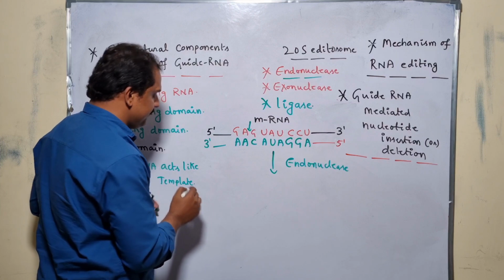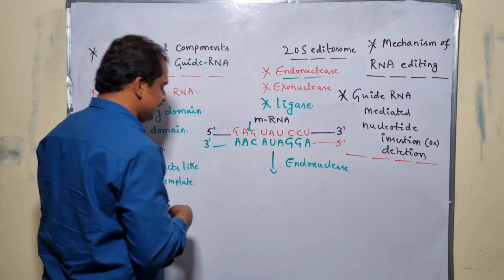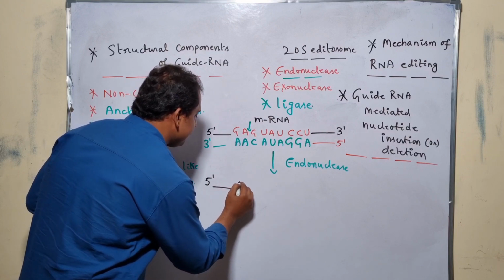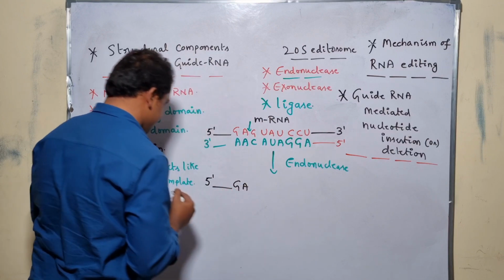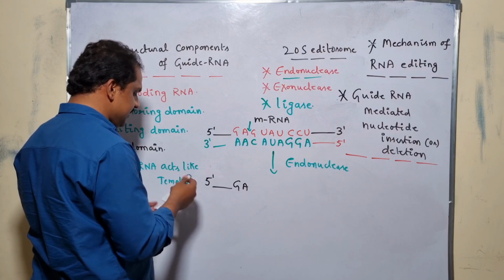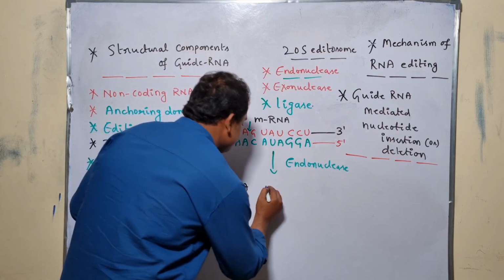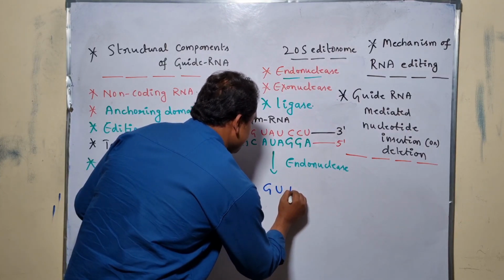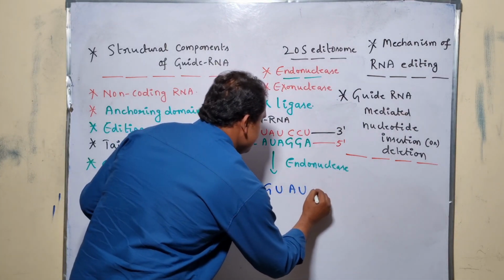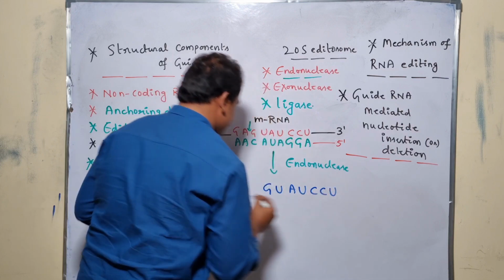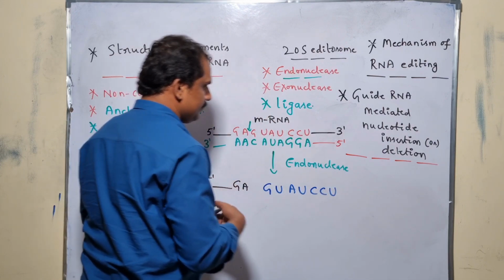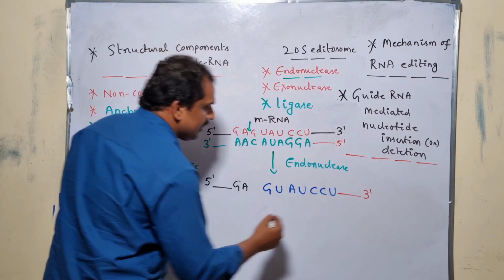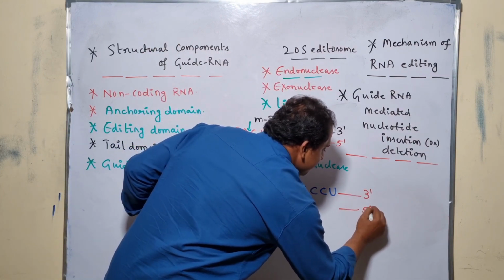Is it clear? So let me print it here. 5' end, GA. So here the cleavage takes place, right? A, U, C, C, U. So here it is nothing but the guide RNA.